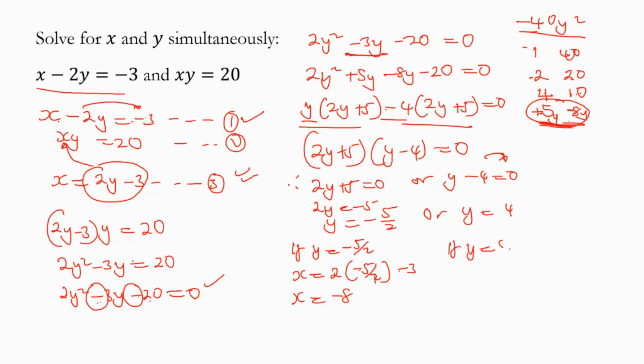If y is equal to 4, x is equal to 2 times 4 minus 3, which is 8 minus 3, x is equal to 5. So actually here we have negative 8 and then negative 5 over 2, and then we have 5 and 4. Okay, so we have the values of y and x. We're done.